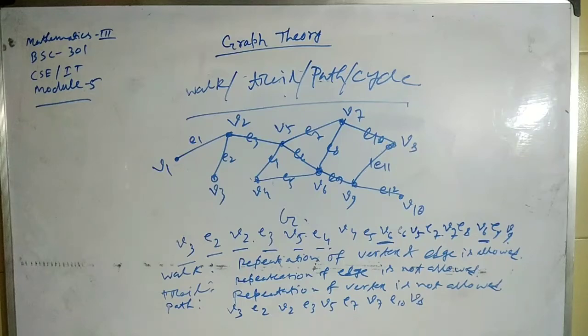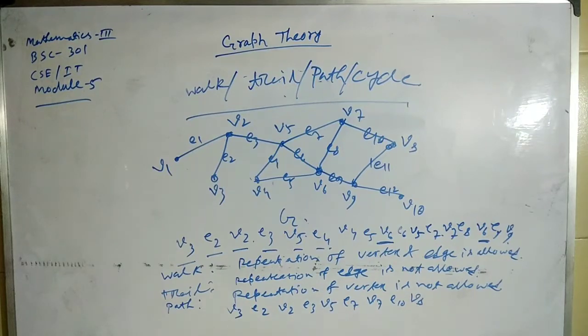Okay, now a closed path means the start vertex and the end vertex will be the same. That is, we end the path at V3. I told you that in the definition of a path, repetition of vertex is not allowed.